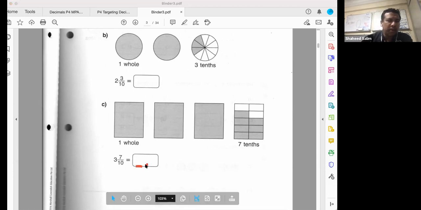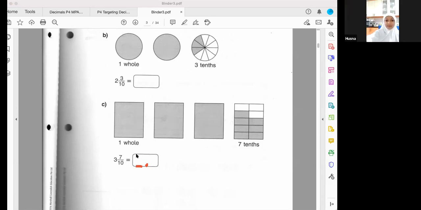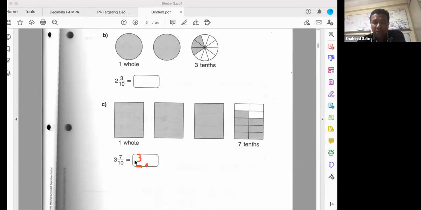What's a whole number? Come on. Neris or Amara, either one. What do you put down here before the dot? Amara, what number do we put before the dot? We put the number 3, yeah, because there's 3 holes here.